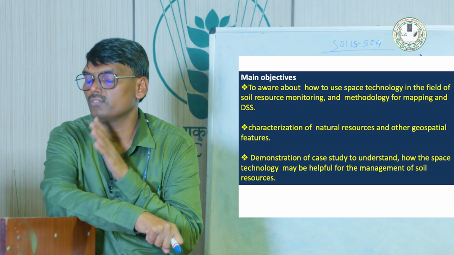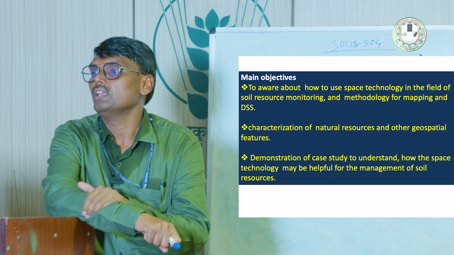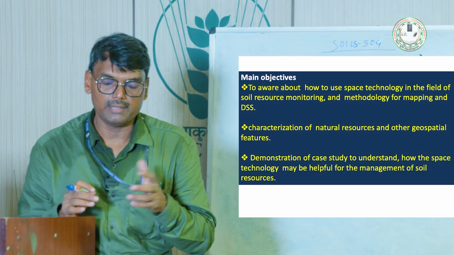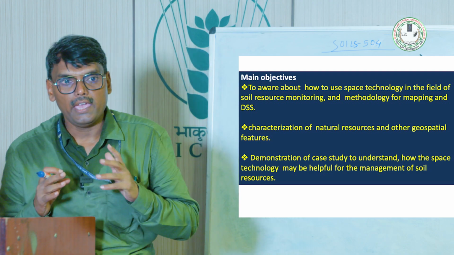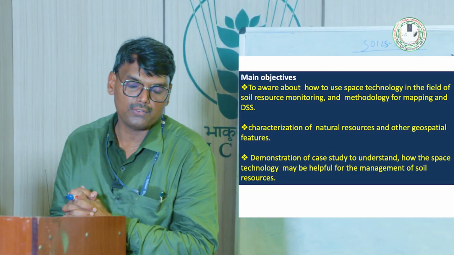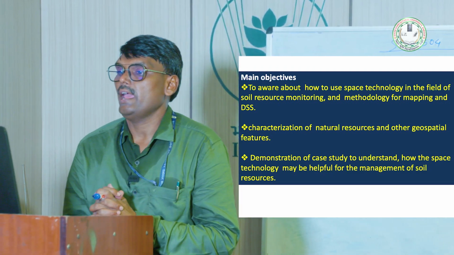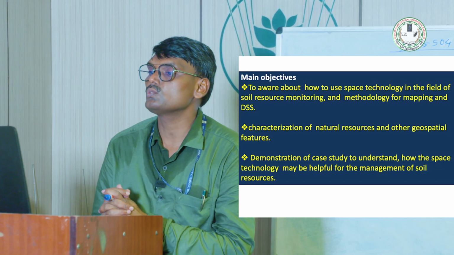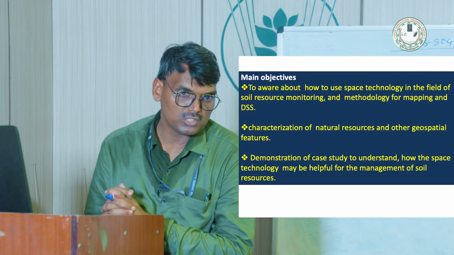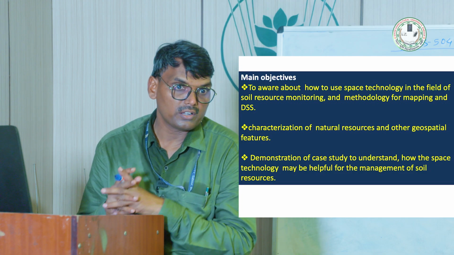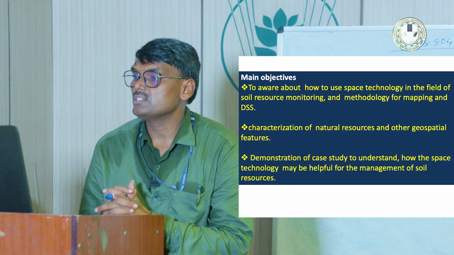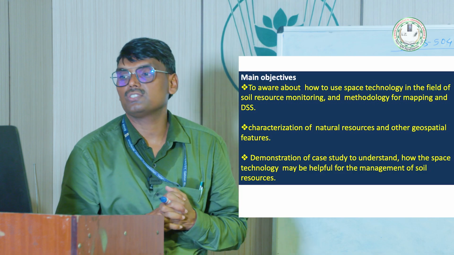For this, there are three objectives we have selected to describe here. First one, to become aware of how to use remote sensing and GIS in the field of soil health management, and what methodologies should be adopted for the mapping process, digital image processing or conversion into an information system, for digital mapping and decision support system.